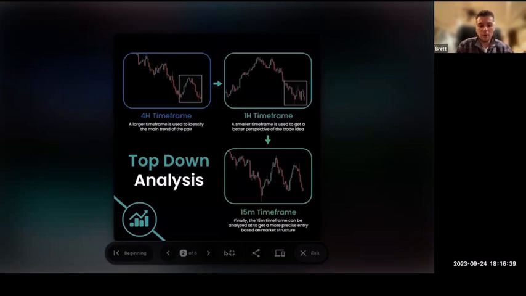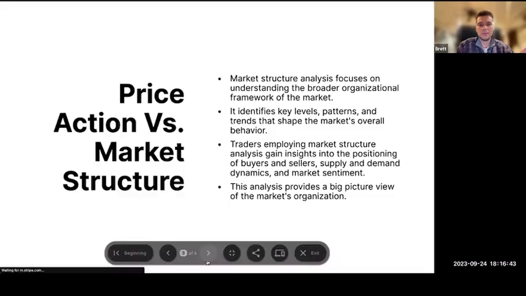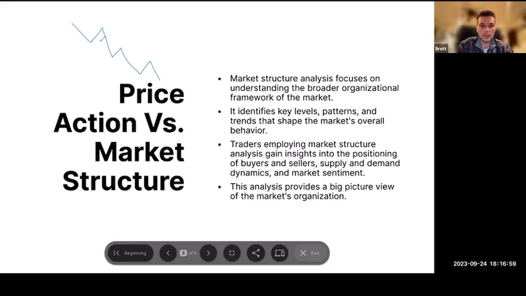Market structure defined in one sentence is the larger movement of the chart. It's a bad sentence there, but it's understanding the overall viewpoint in the market, right? If we're holding down under these recent swing lows, we're still in a downtrend.